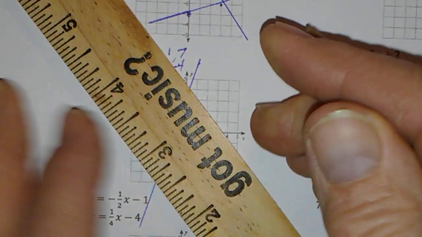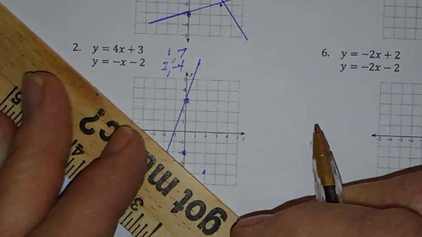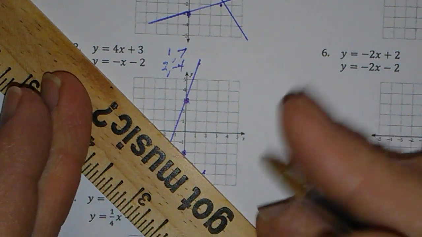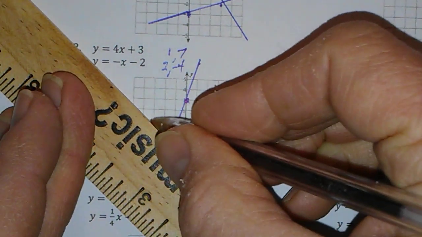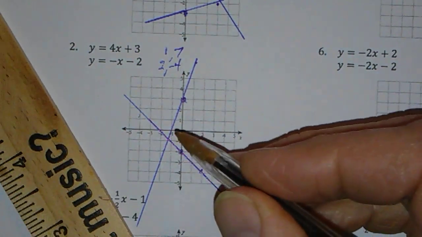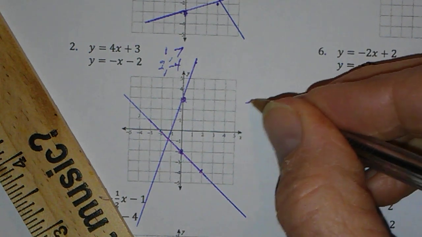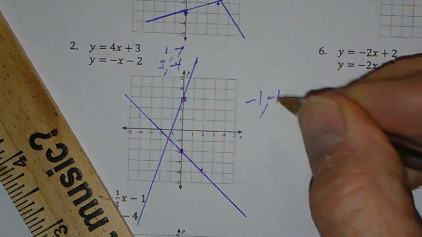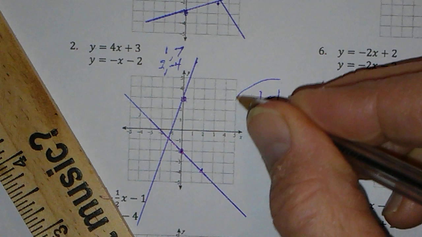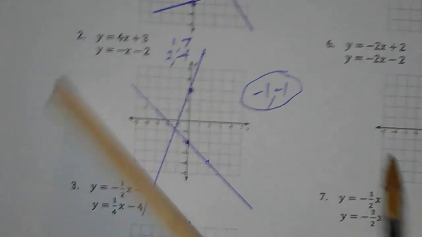So now I'm going to get a line that goes like this. What point looks like it's about negative 1, negative 1? Negative 1, comma, negative 1 is the point of intersection. Okay?